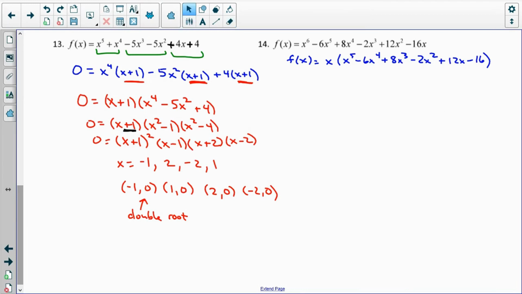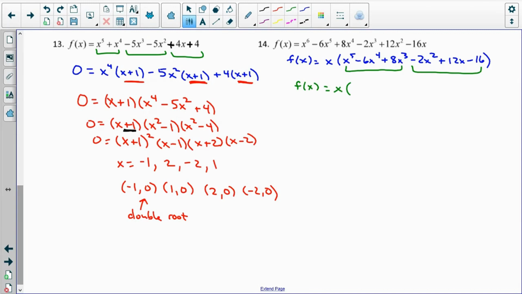However, I can factor this one by grouping if I recognize that if I take these two trinomials and factor out the greatest common factor of the trinomial, I take the x cubed out, and I'm left with x squared minus 6x plus 8.